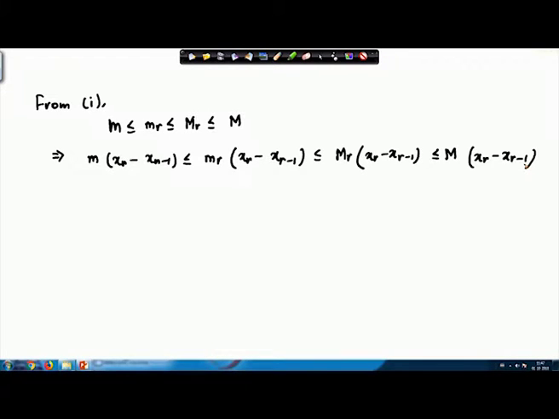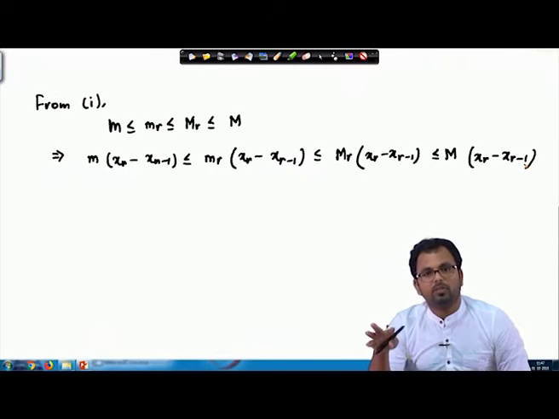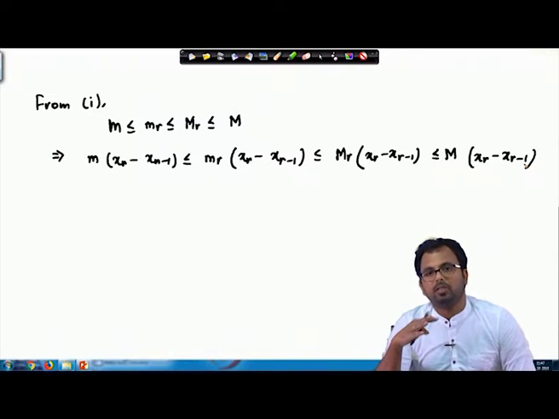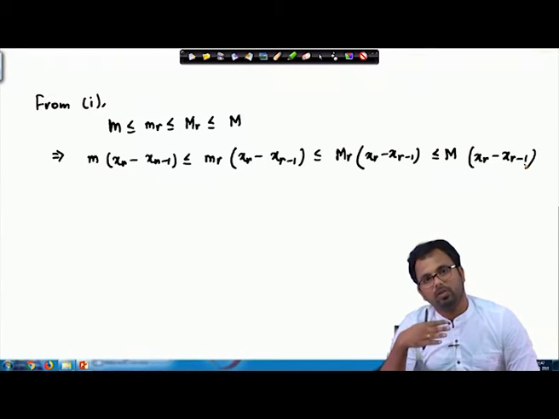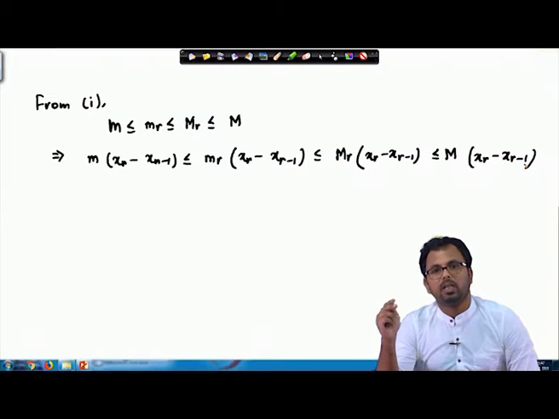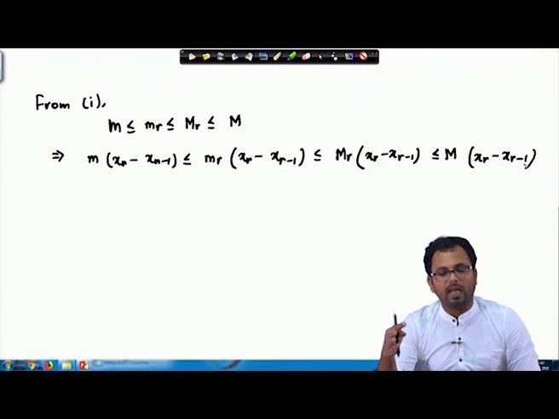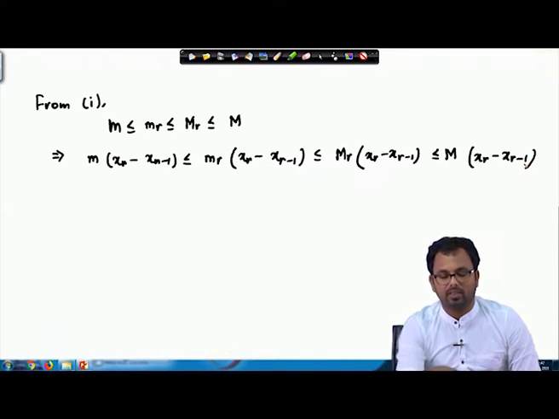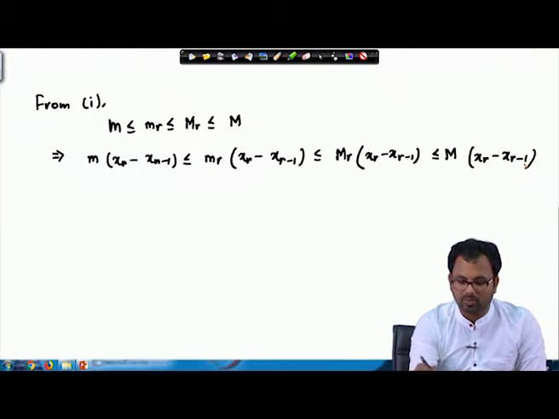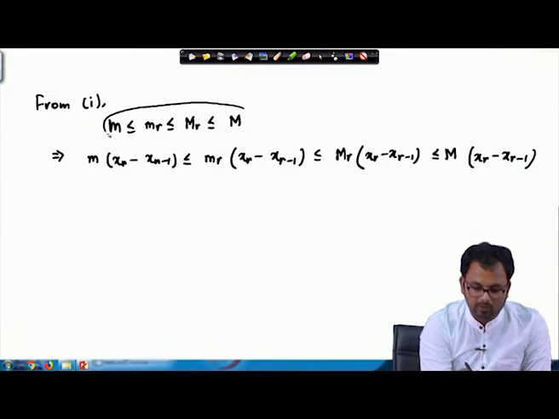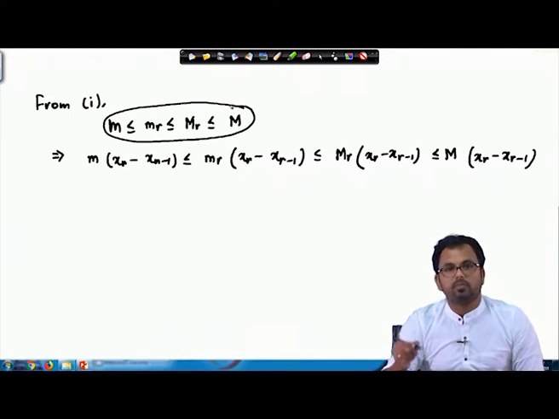Even if you have a negative interval, say from minus 2 to minus 1, and you divide it into subintervals, you will still get this difference as positive. So xr minus x(r-1) is always a positive number, and that is why when we multiplied this inequality, the inequality sign did not change.